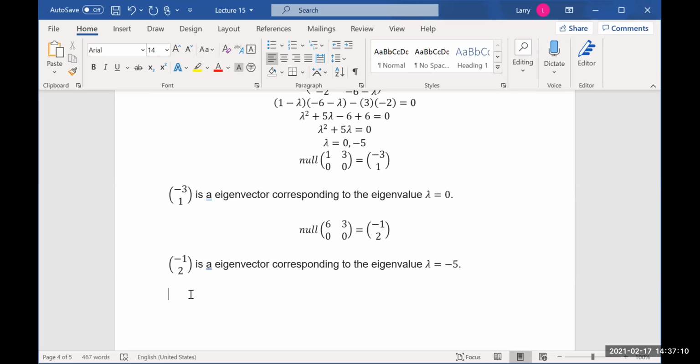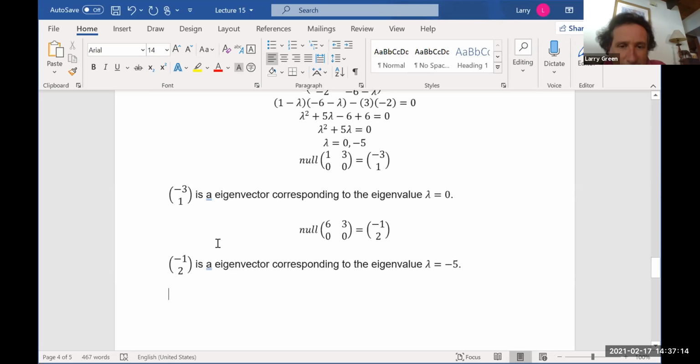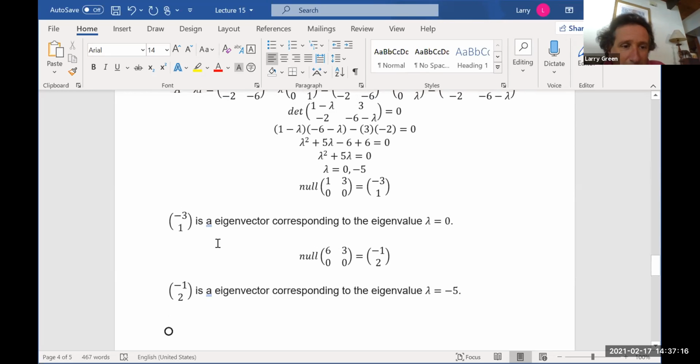Okay. So it turns out we have 2 eigenvectors. We have (-3, 1) and (-1, 2). So the 2 lines that these vectors give, because the vector always sits on a line through the origin, are fixed by multiplication of this matrix.